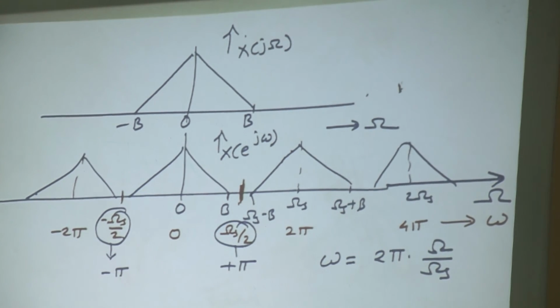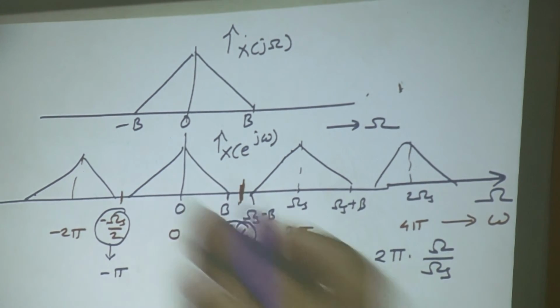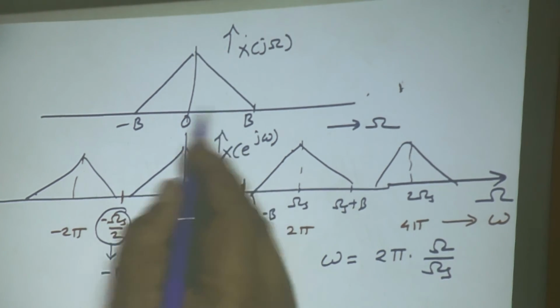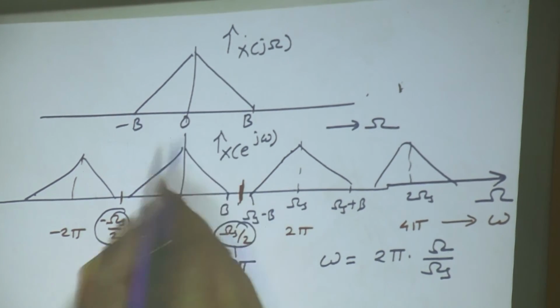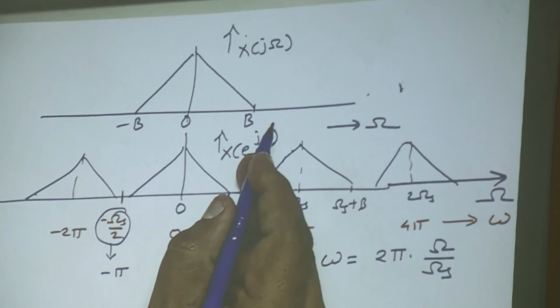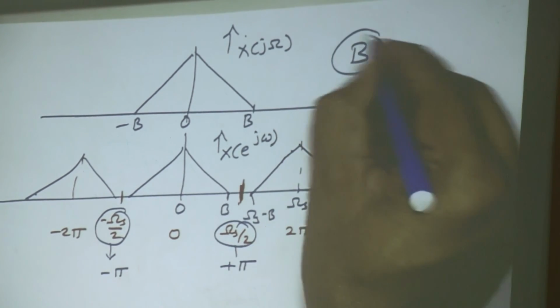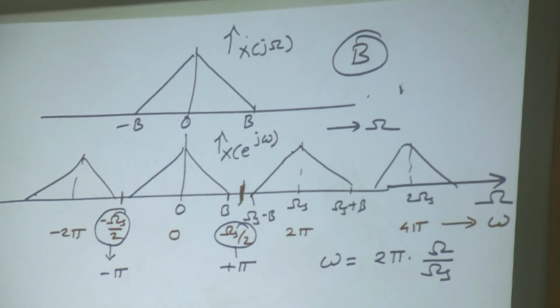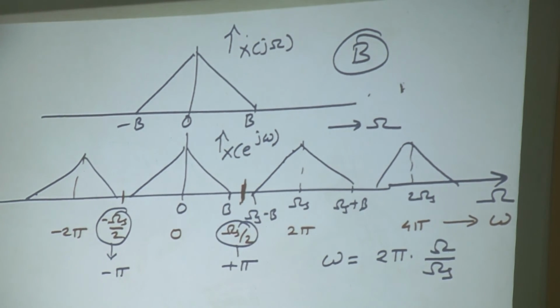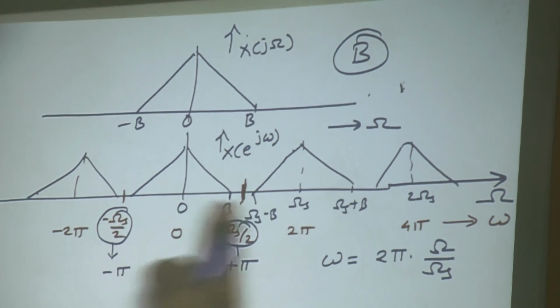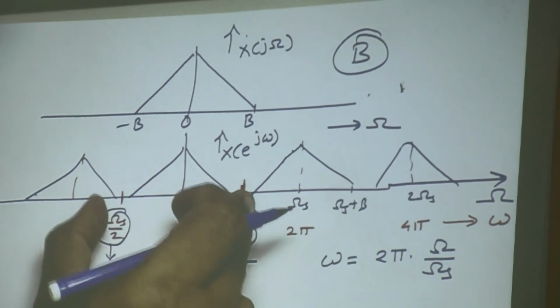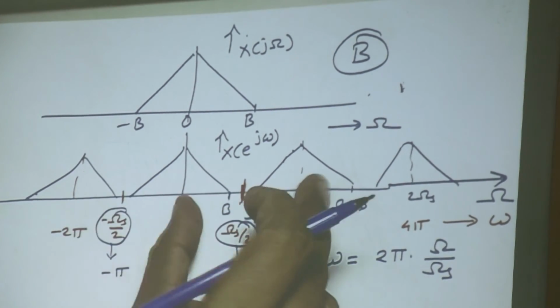So friends, when we draw the Fourier transform in the continuous domain, the bandwidth is measured from minus b to plus b. Bandwidth is actually b. Only positive frequencies are considered for measurement of bandwidth. Here the bandwidth is minus pi to plus pi or 0 to 2 pi.